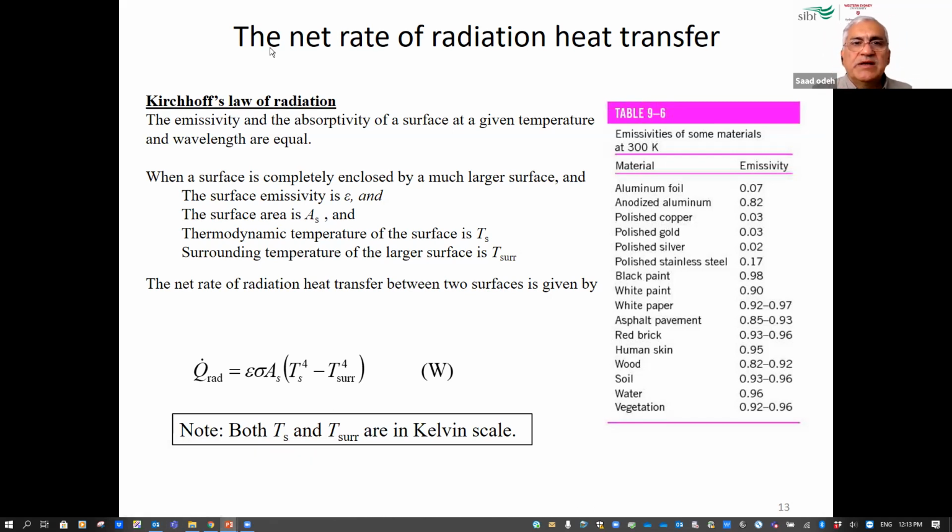Probably it's a good idea to give you a quick process for this kind of example. First of all, when you have a heat transfer question, you ask yourself: what type of heat transfer?